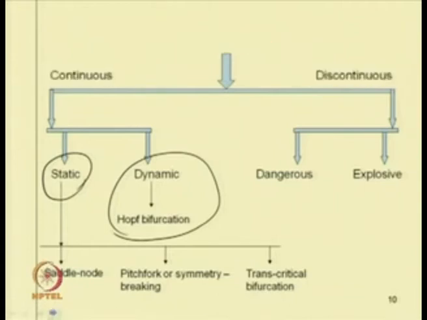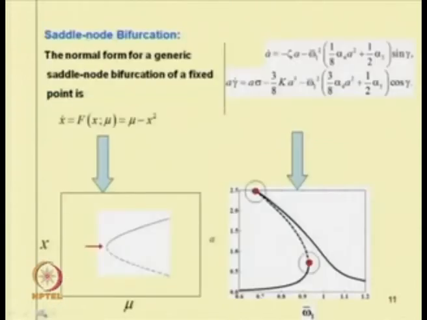Before that, let us review the saddle node, pitchfork and transcritical, which are static bifurcation points. Already we know the normal form or generic form of the saddle node bifurcation point can be written as mu minus alpha x square. In the case of the saddle node bifurcation point, this is x dot equal to mu minus x square.